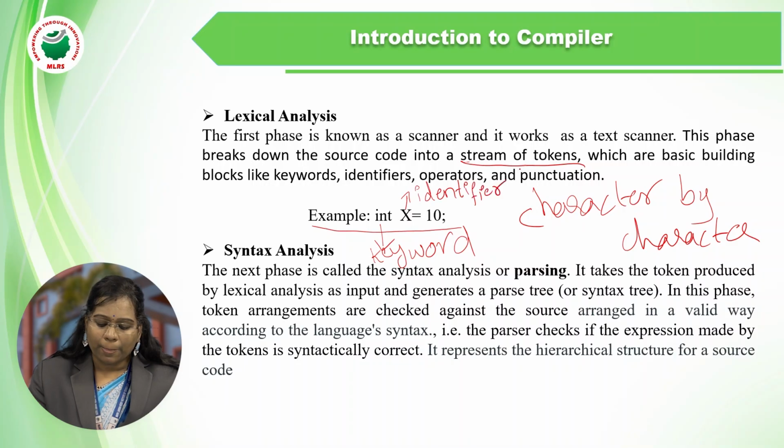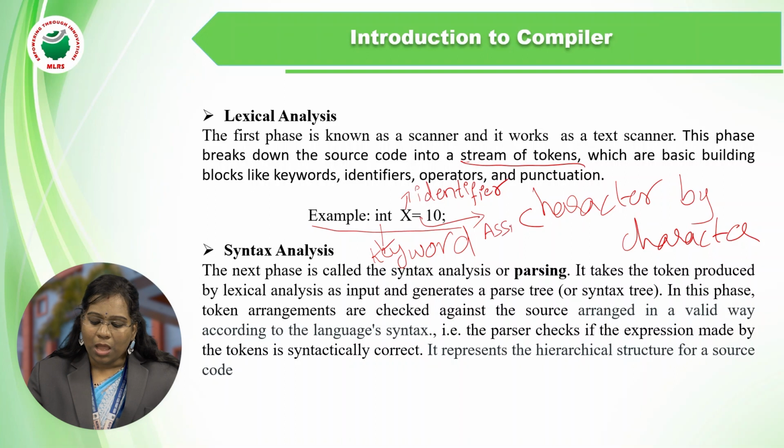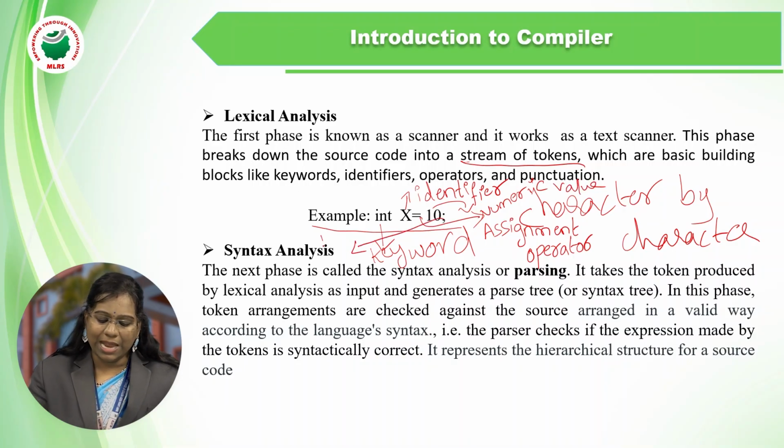Next, is equal to is nothing but an assignment operator. The next one is a numeric value. The last one, the semicolon, is a punctuation.